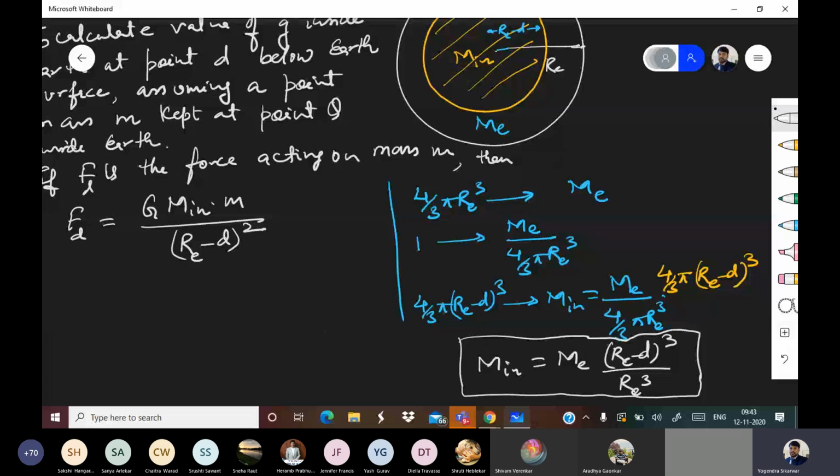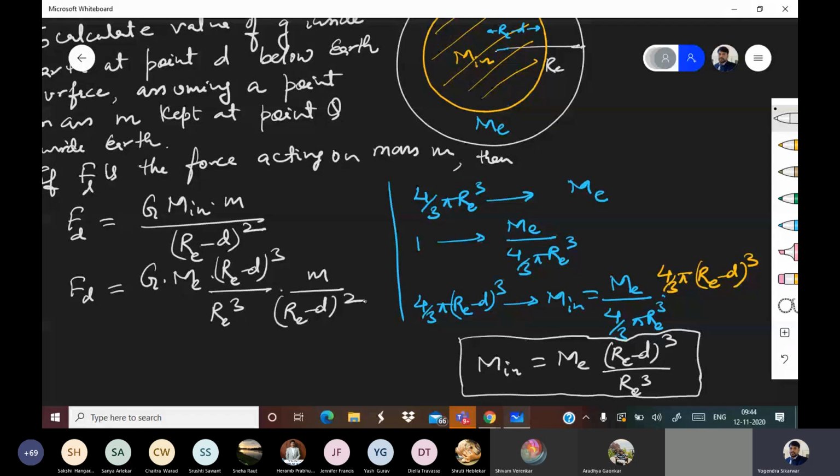So Fd will be G into M in, which is ME (RE minus d) whole cube upon RE cube into small m upon (RE minus d) whole square.